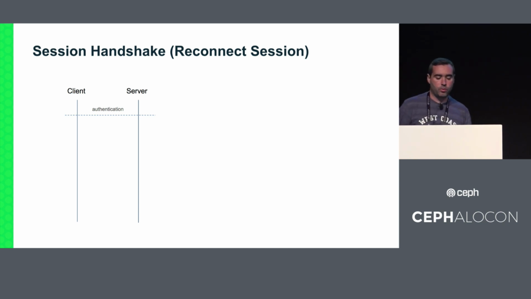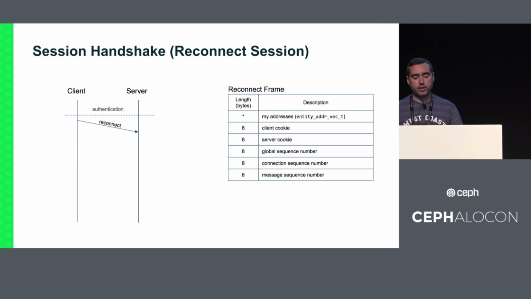This also starts with the client. When there's a reconnection, it performs the authentication, and then instead of sending a client identification frame, it sends a reconnect frame. In this reconnect, it sends the client cookie and the server cookie.